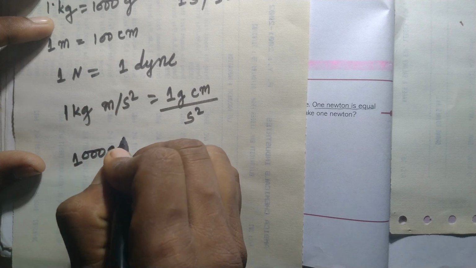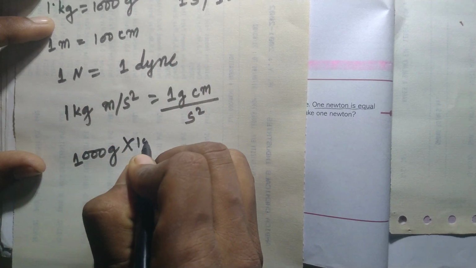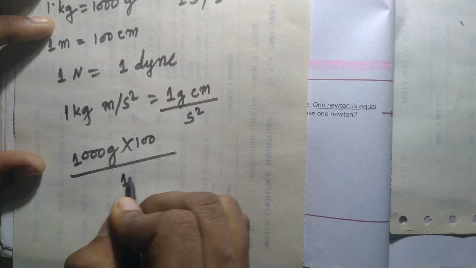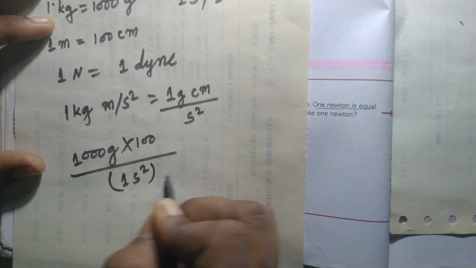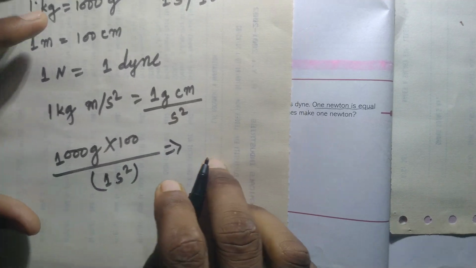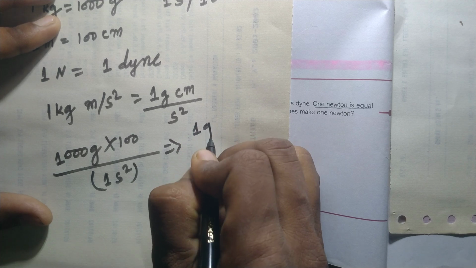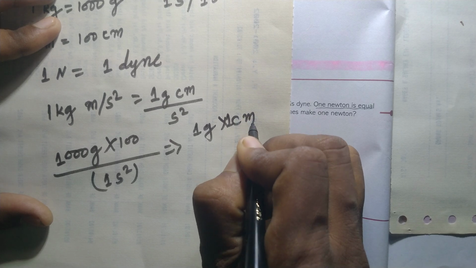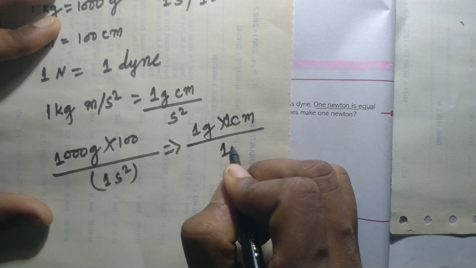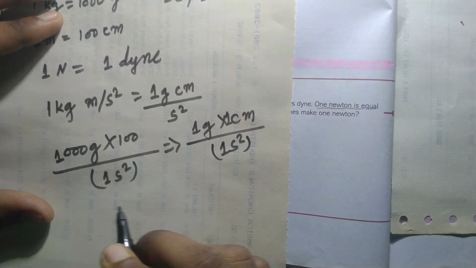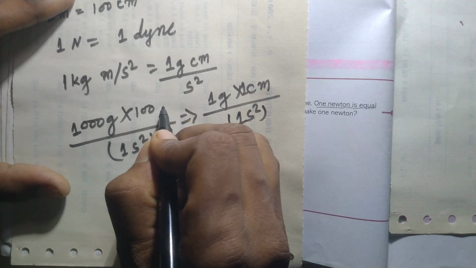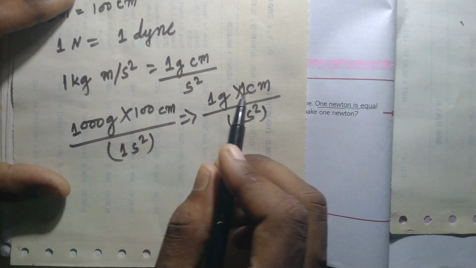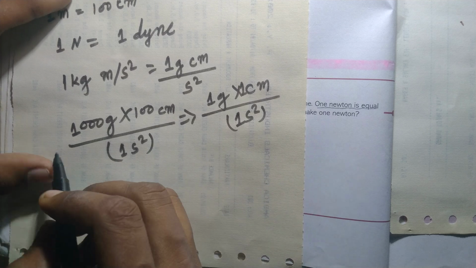Meter is converted into 100 centimeter, and second square remains 1 second square. Both sides have the same units: gram, gram, centimeter, centimeter, second square, second square.